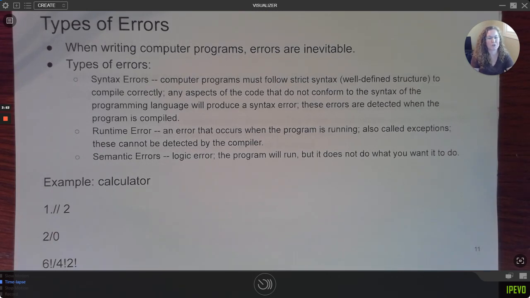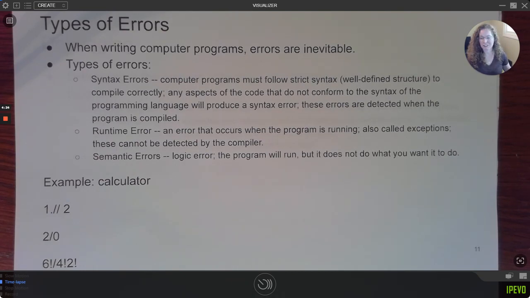If you think about the example program that I ran for you with a guessing game, let's say you tell the user, I'm thinking of a number between 1 and 100, guess it. And then the person puts in 172, and you say, yes, that is correct. Well, they didn't put in a number between 1 and 100, and you told them it was correct. You didn't really do what you wanted to do. The program doesn't crash. It does something. It just doesn't do what you wanted it to do. So that would be a semantic error.